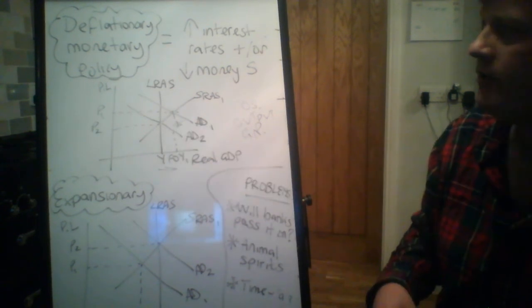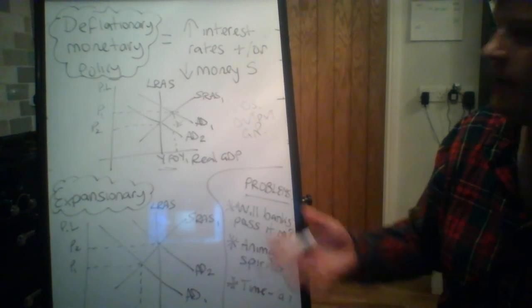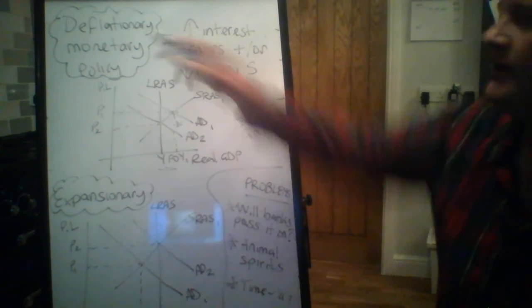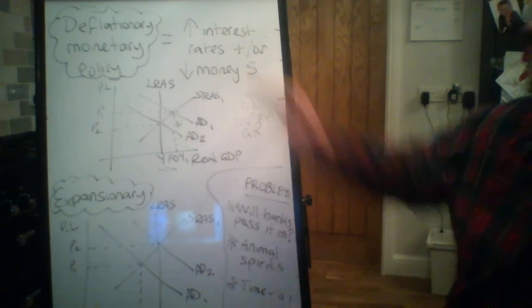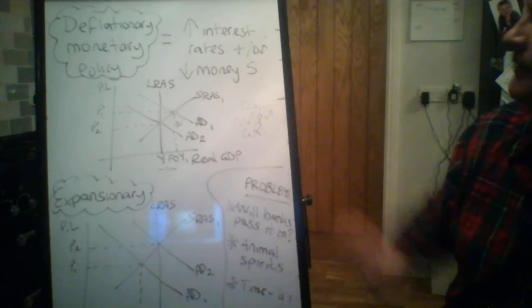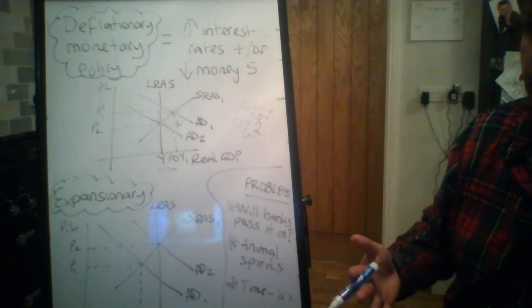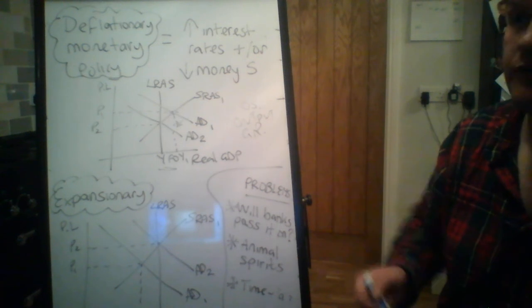Now we could use deflationary fiscal policy by lowering government spending and raising taxes, but what we can also do is to use deflationary monetary policy. So what we would do here, we would raise interest rates. If you were to raise interest rates, so the logic would be if you raise the base rate of interest, banks across the economy will raise their own interest rates too.